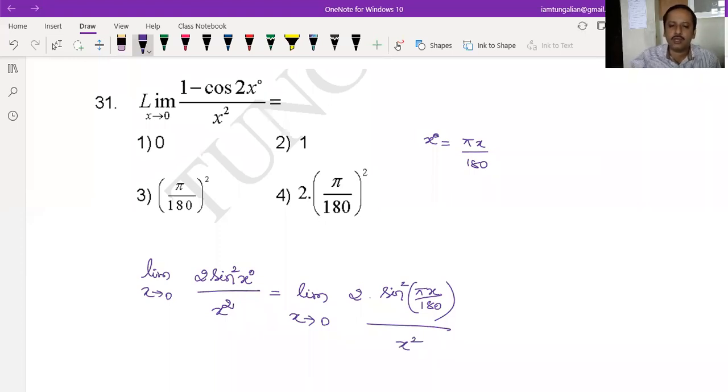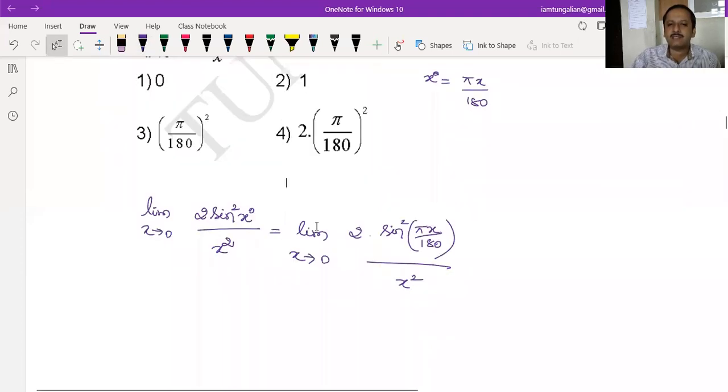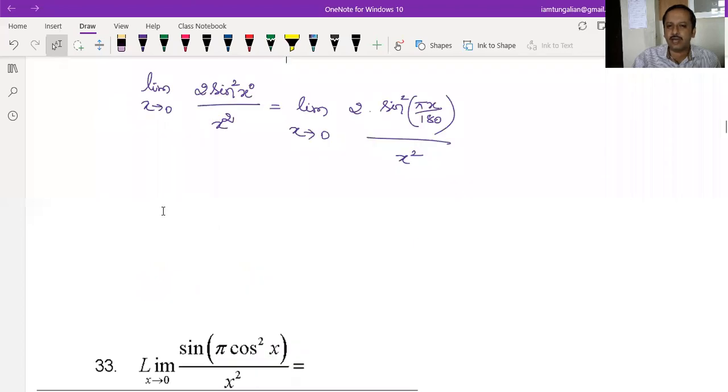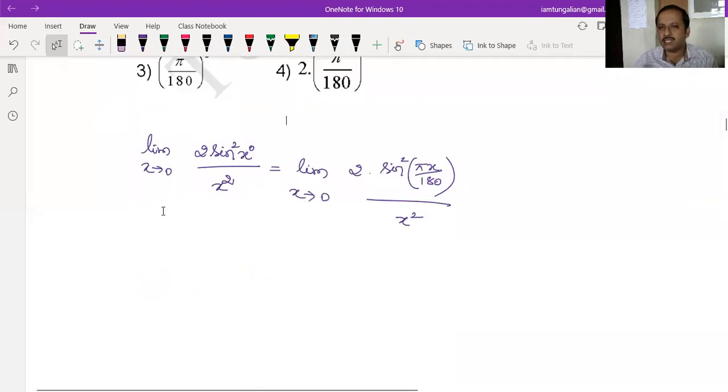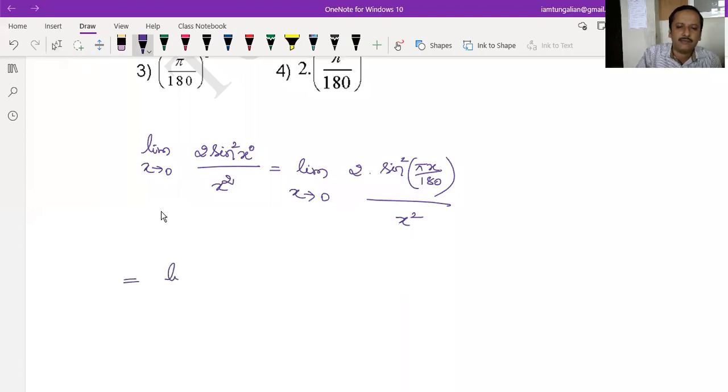So now, sin square pi x by 180 by x square. When you have sin square x in the numerator, we want x square in the denominator. Here we have sin square pi x by 180 in the numerator.